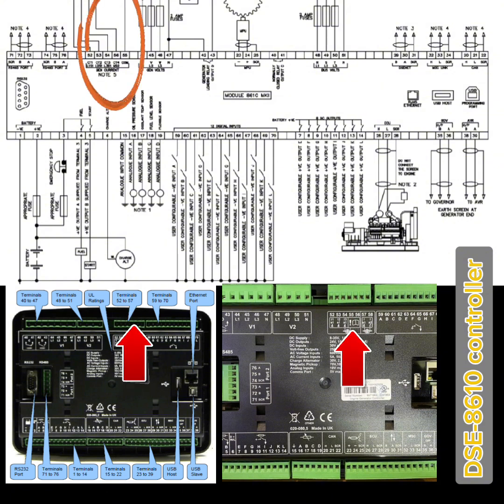And next are 57 and 58, where you can connect your two auxiliary CT wires. Now all the CT points are clear.